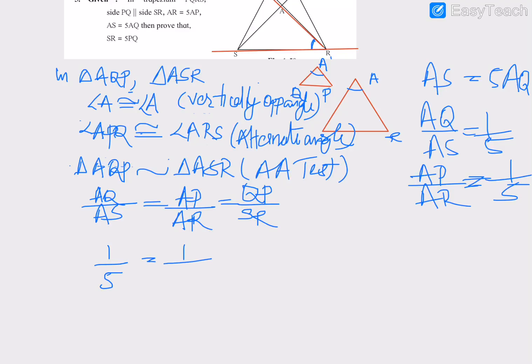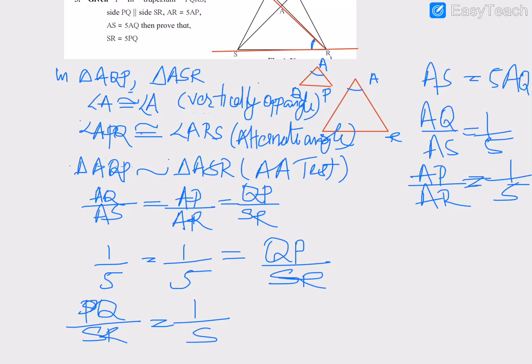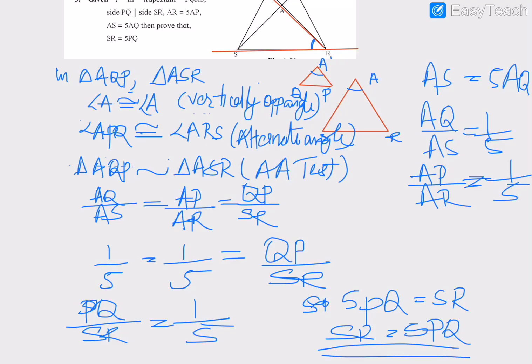So 1 by 5 is equal to PQ by SR. Cross multiplying, we can write SR is equal to 5 PQ. So SR is equal to 5 PQ. We have proved the problem.